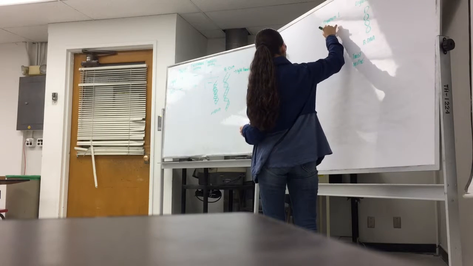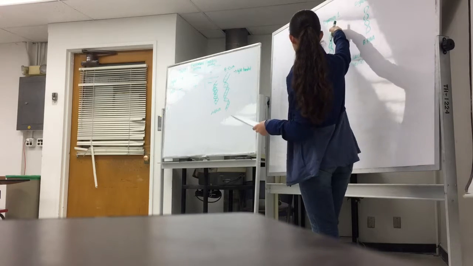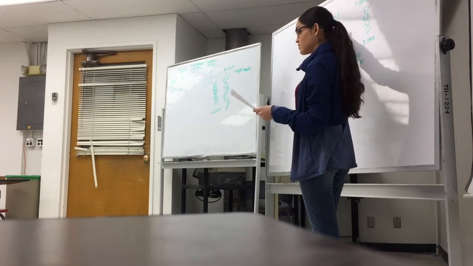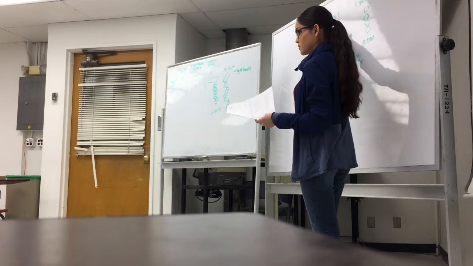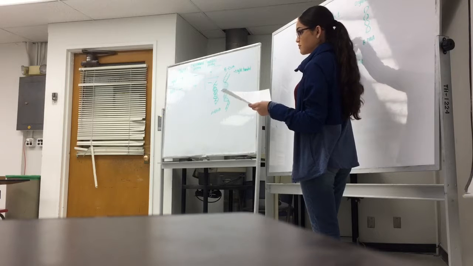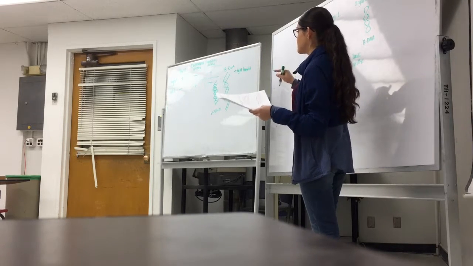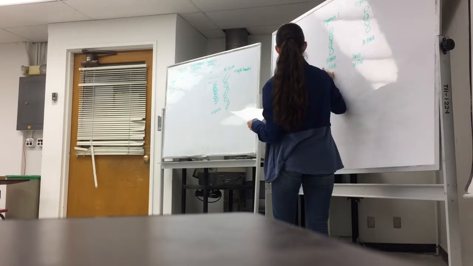This is one, this is another, and this is another. Each time that DNA crosses over on itself, it's called a crossover. Because these are left-handed, like you said, they're all left-handed crossovers. And because they're left-handed, we arrive at a positive 3.